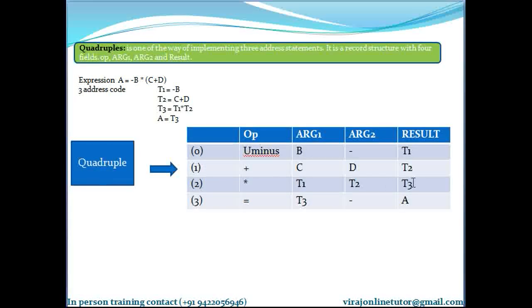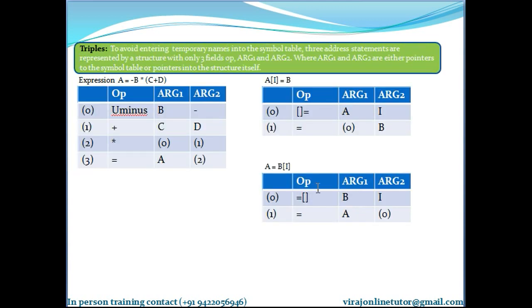What was happening in the quadruple? Suppose I include T1, T2, T3 here. I need to have the pointers to the symbol table saved into this quadruple data structure. So to avoid that, we have come up with triples, wherein I have removed the result field. The entries in argument 1 and argument 2 are either pointers to the entries in the symbol table or pointers to itself. Simple.